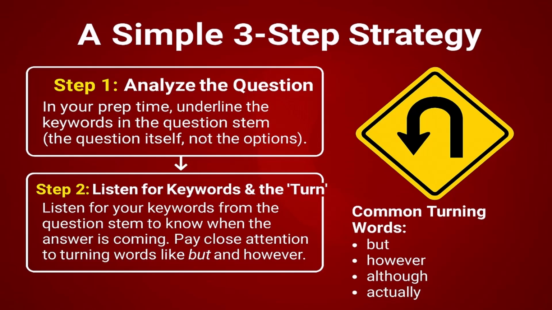Then, listen for words like but or however that might signal a change from a wrong answer to the right one. Step 3. Match the meaning, not the words. The correct option will often be a paraphrase of what the speaker says. Your job is to choose the option that has the same core meaning, even if the exact vocabulary is different.